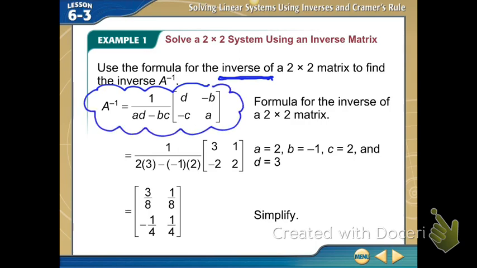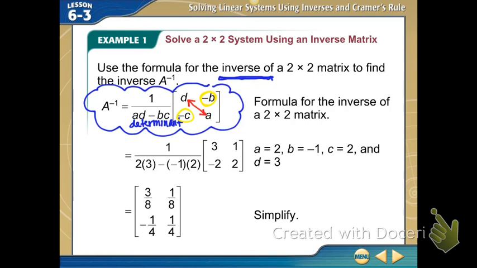And remember, this is really just 1 over the determinant times, and then over here, these guys switch spots. They switch places, right? A and D switch places. And then these guys just change signs, right? That's how we find the inverse of a 2 by 2 matrix.